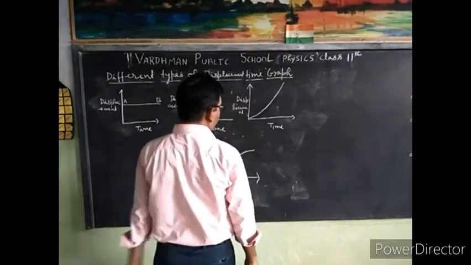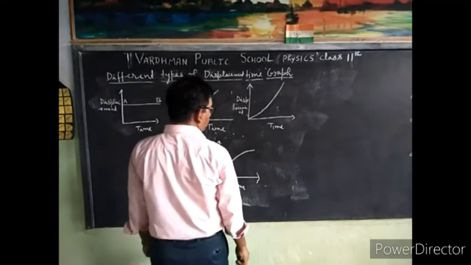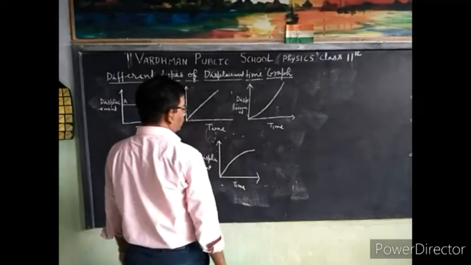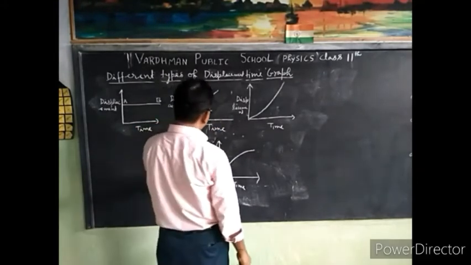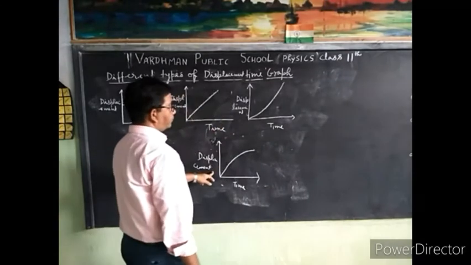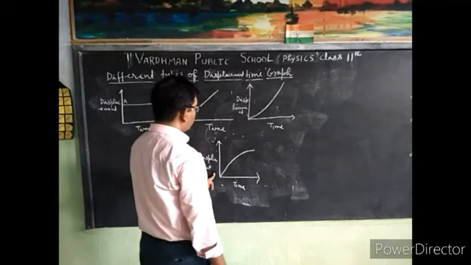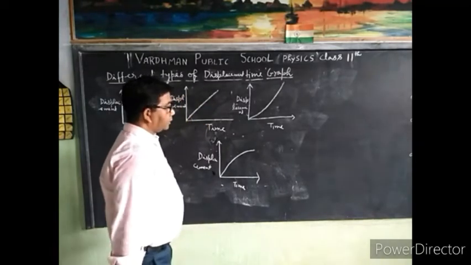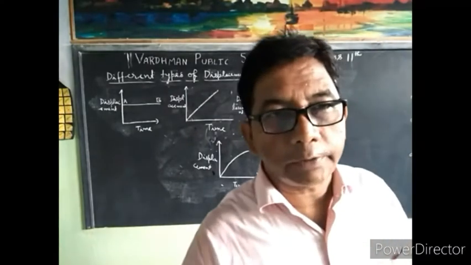This is the displacement-time graph for decelerated motion, because the slope of the graph is decreasing with time.